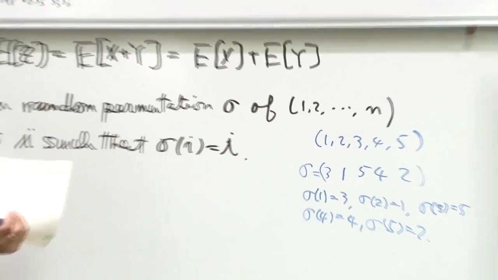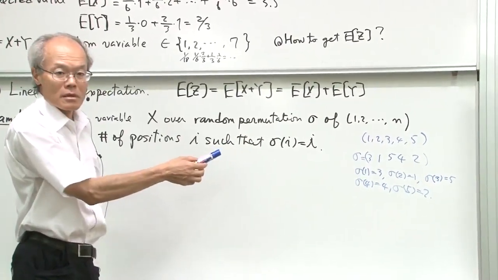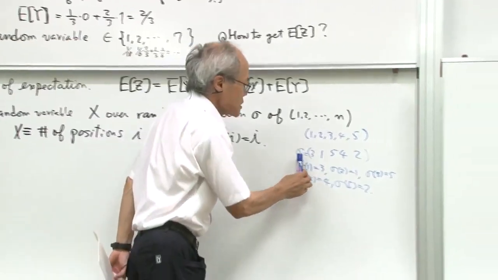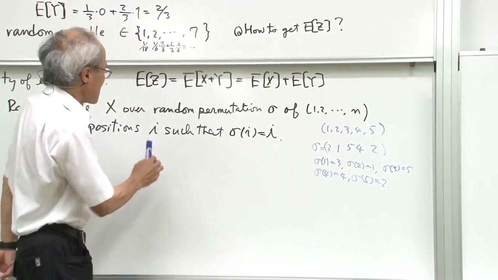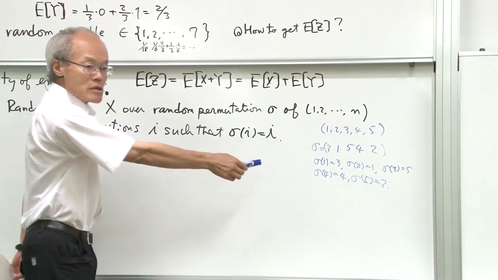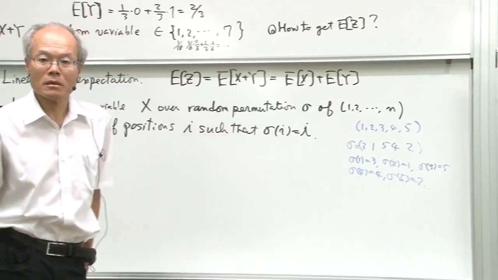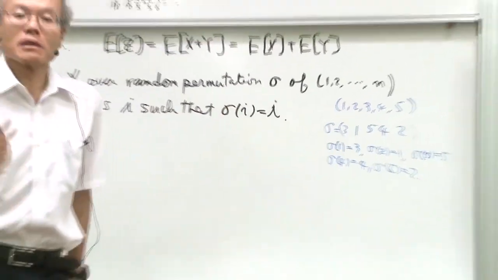That means, if the permutation is this sigma, then the number of positions i such that sigma i is equal to i is just 1. Sigma 4 is equal to 4. The number of positions is 1.